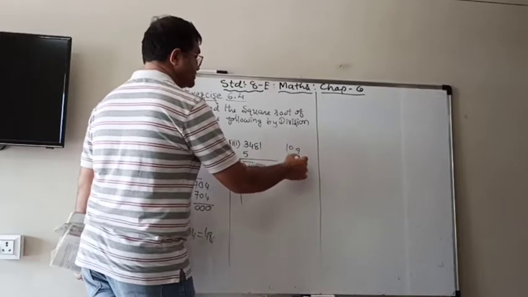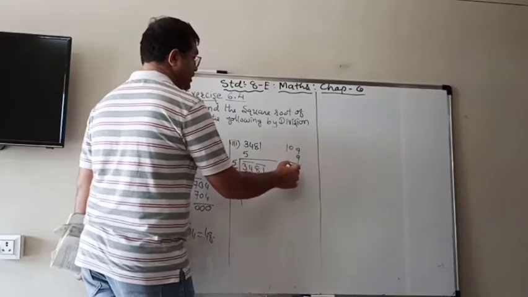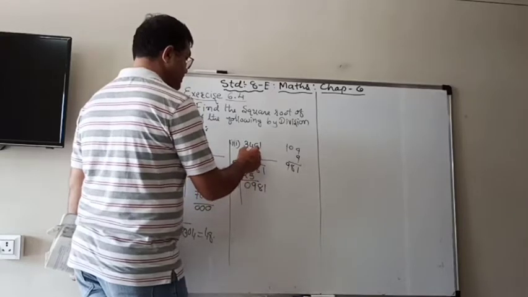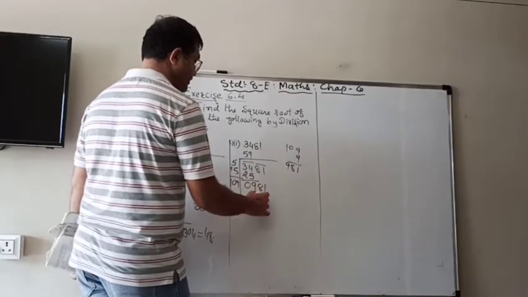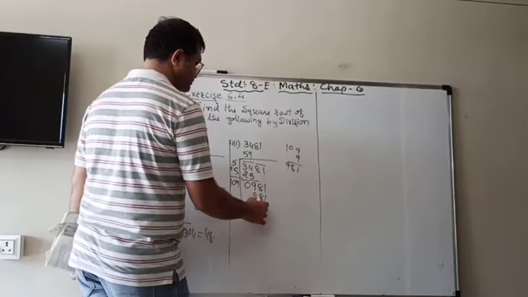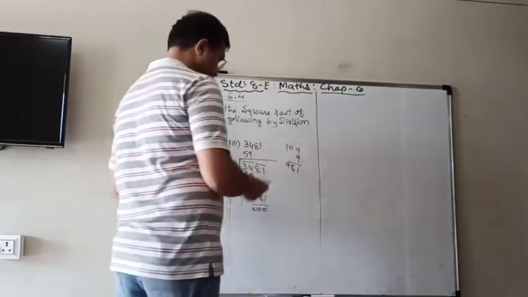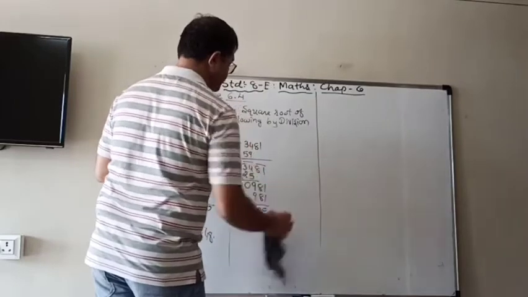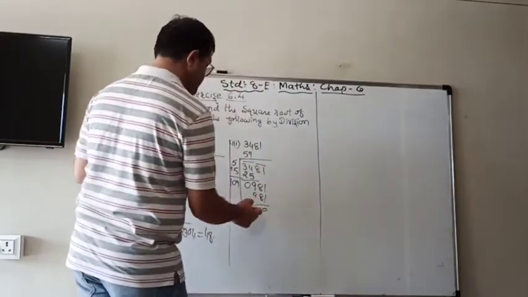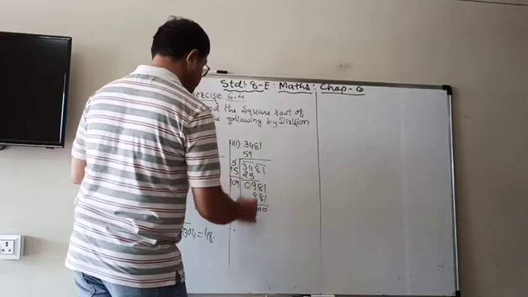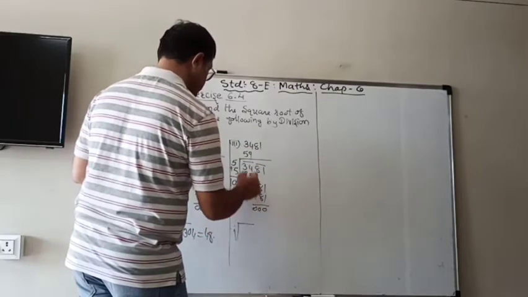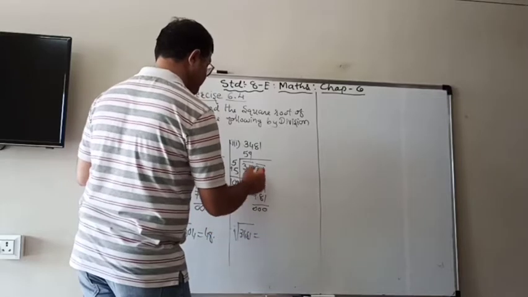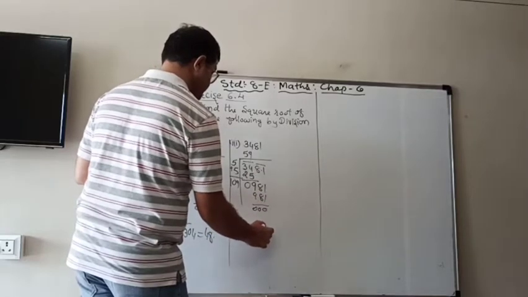So 109 9s are 9 9s are 81, 9 1s are 9. So we got 109 9s are 981. So here you got the required answer. The remainder is 0, and therefore the square root of 3481 we got as 59.